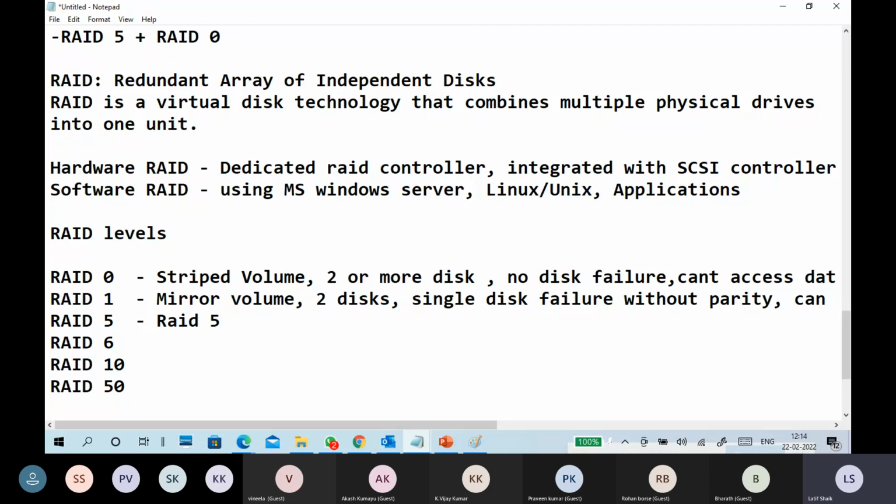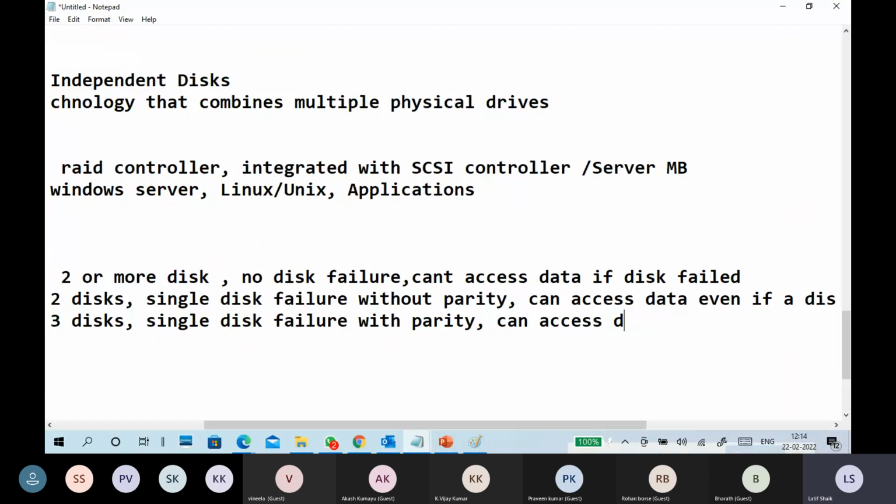RAID 5 volume only. How many disks do we use? Three disks or more. How many disks can fail? Single disk failure, with parity. You can access data even if a disk failed.